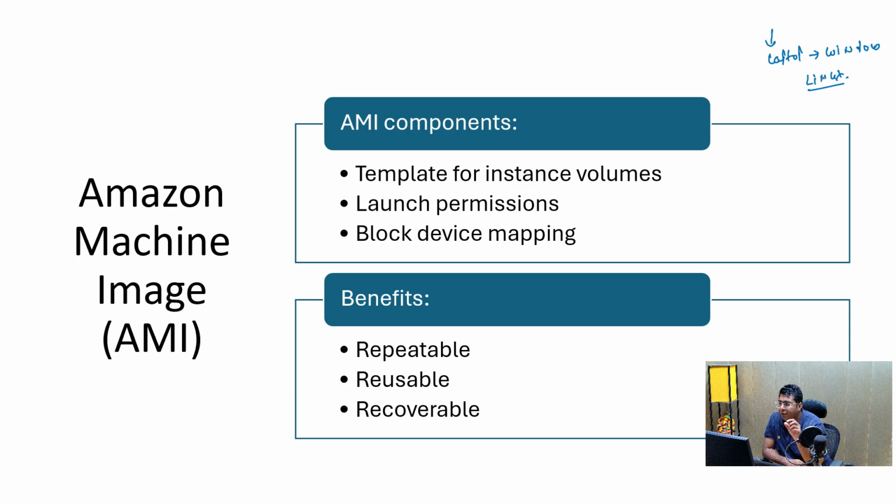So when you're going to create a server in AWS, you need to tell which operating system and software you are going to use, and you have to tell that using Amazon Machine Image. Using Amazon Machine Image, you can define configuration of your operating system, what software you will be needing, and even create your custom AMI.